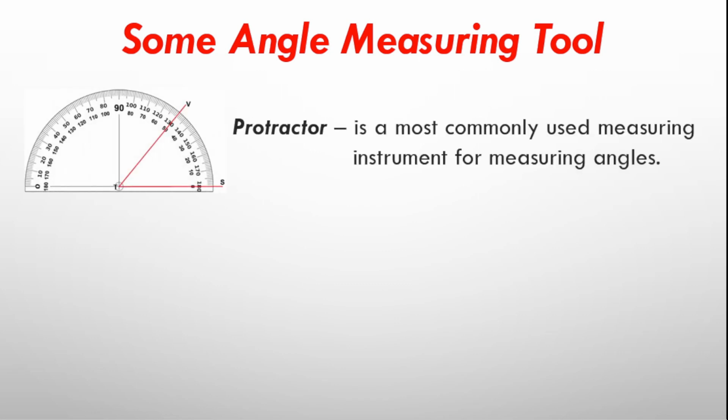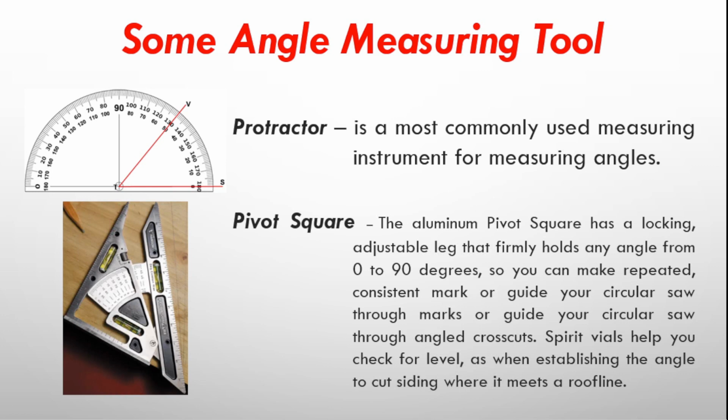Here are some measuring tools. The first one is the protractor. Protractor is the most commonly used measuring instrument for measuring angles. The next one is the pivot square. This is an aluminum pivot square that has a locking adjustable leg that firmly holds any angle from 0 to 90 degrees.